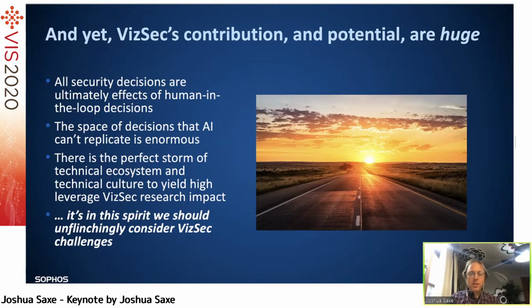And there's also just the right ecosystem right now for security data visualization. Those are all reasons that I think tweaking the way we design our research programs, the way we conduct our research, and the way we seek to get to impact with our work is important right now.